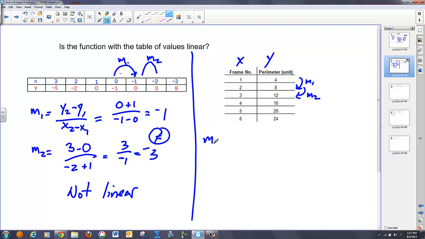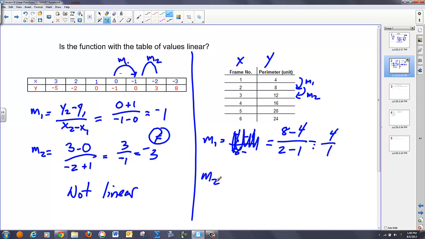So m1 is equal to 4 minus 1 over 8 minus, whoops, I lied, y2 is 8 minus y1 of 4 over x2 of 2 minus x1 of 1. We end up with 4 over 1.